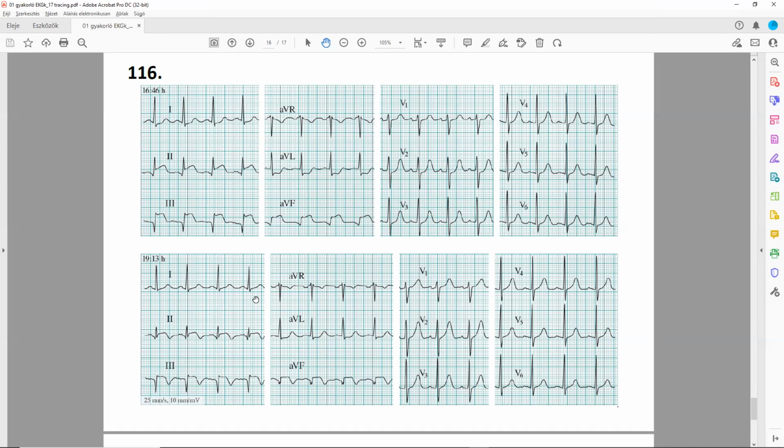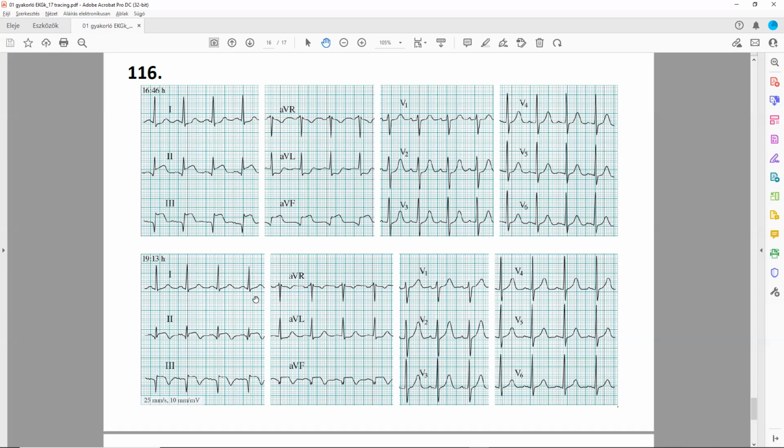And also we see P waves. And the heart rate is around 100 beats per minute, yes, you can say.